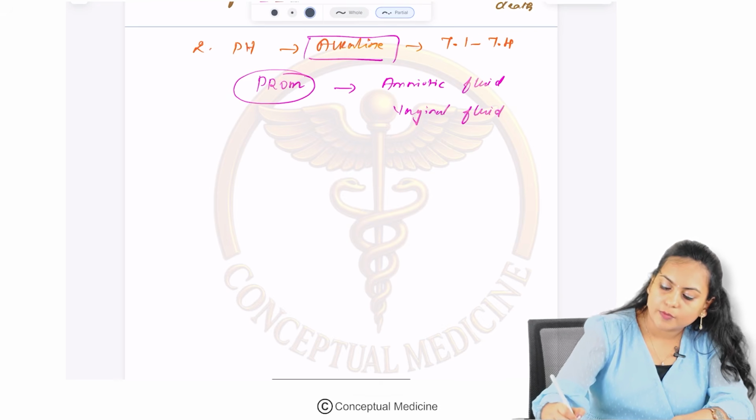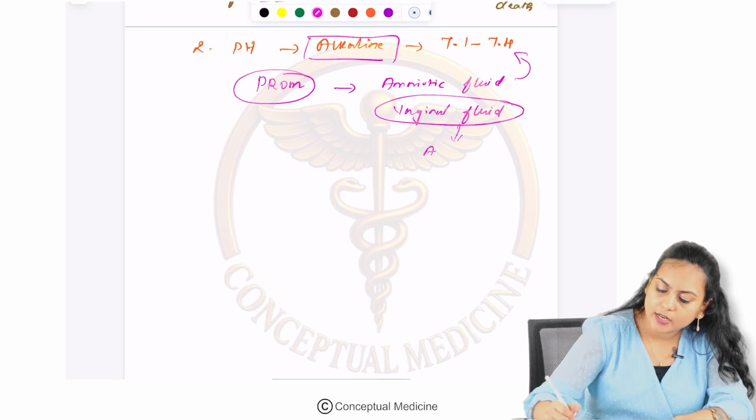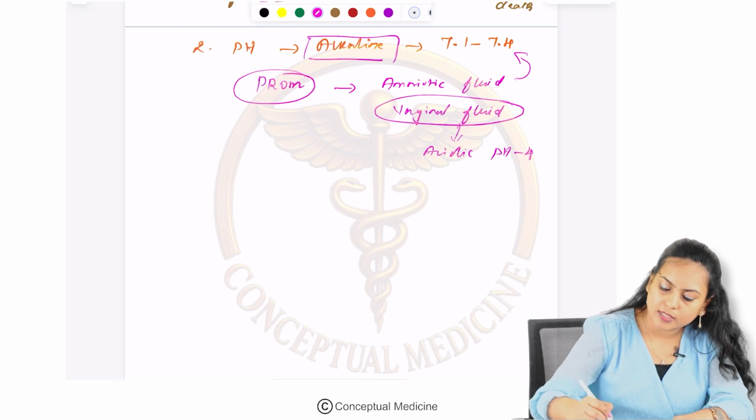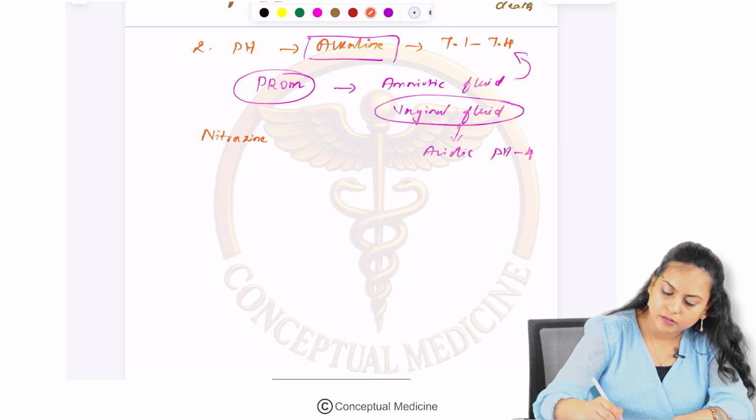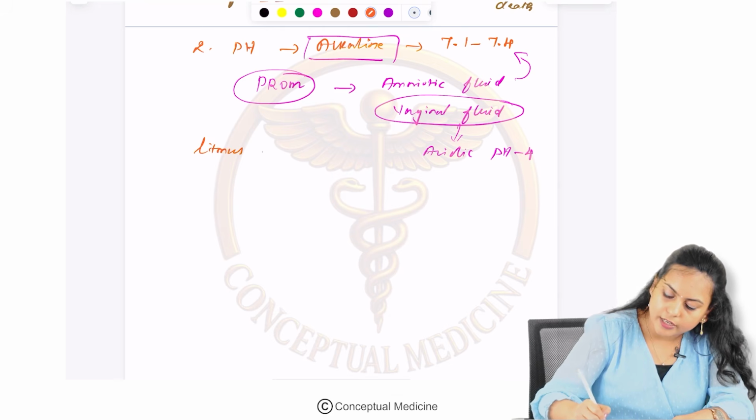Amniotic fluid is alkaline in nature as we have already seen, and vaginal fluid is usually acidic in nature with a pH around 4. So, this test is used in nitrazine, and this test is basically seen in litmus paper test.